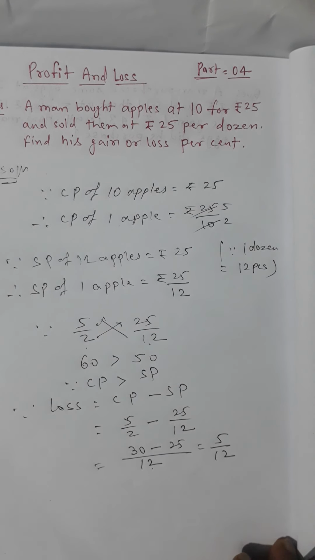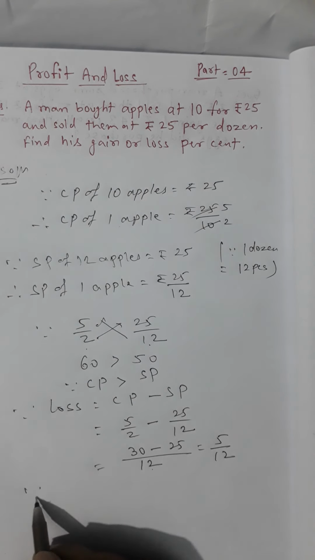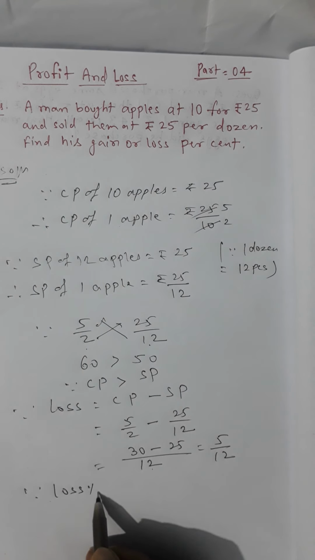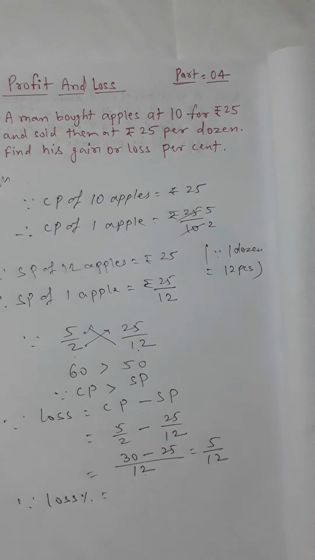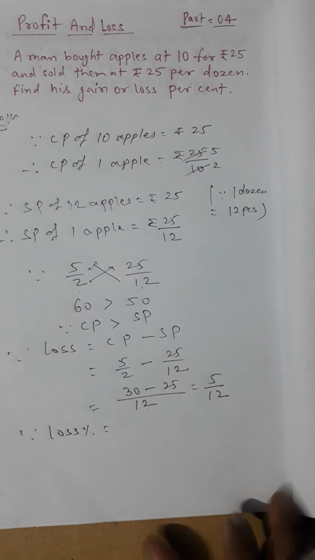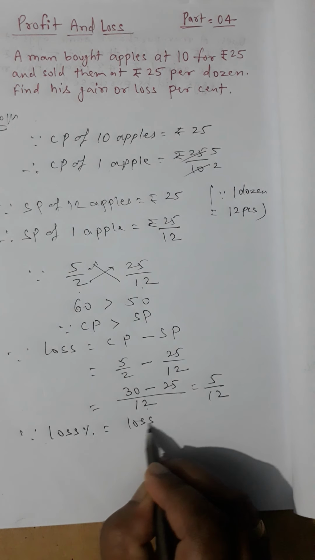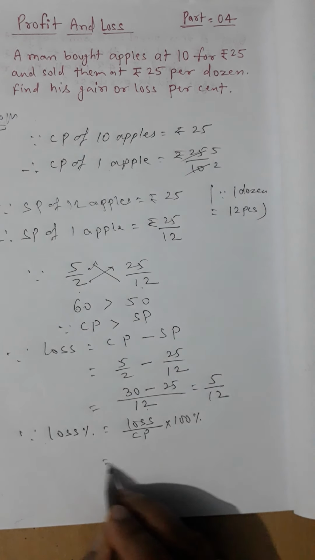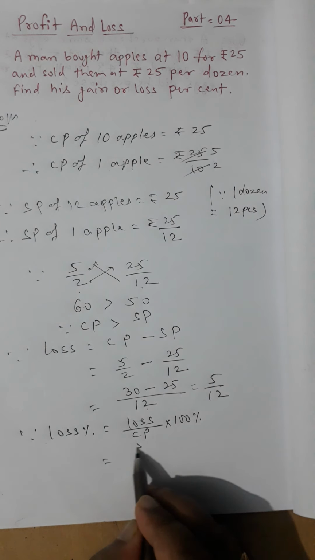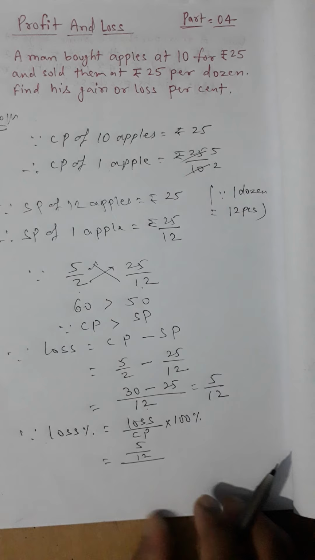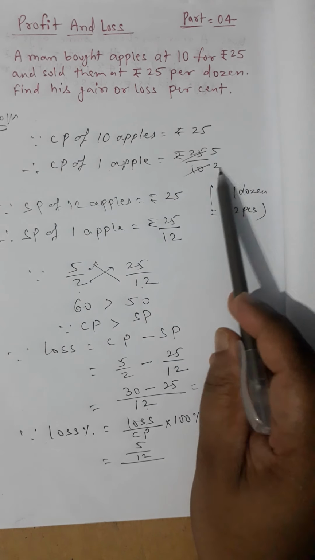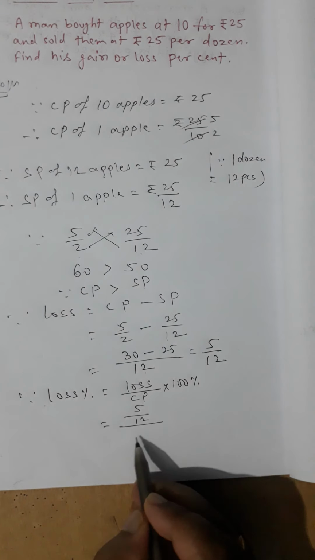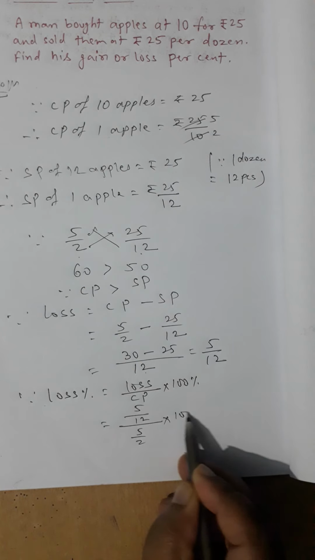Now find loss percent. Loss percent equals loss by CP into 100%. Putting the values, loss is 5 by 12 and CP is 5 by 2, into 100%.